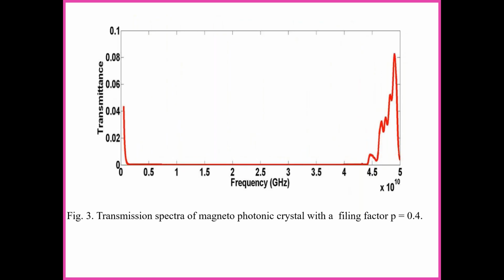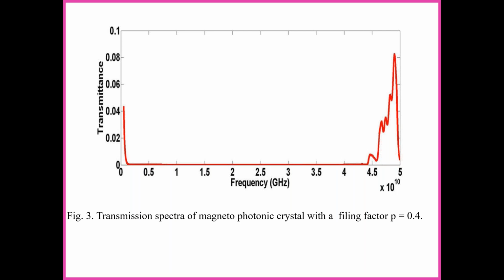So it is for another fill factor. See here, the photonic band gap increases from 0.01 to around 4.5. For all this frequency range, there is no propagation. Transmittance is equal to 0. Everything is reflected. So by tuning this, the band gap increases.